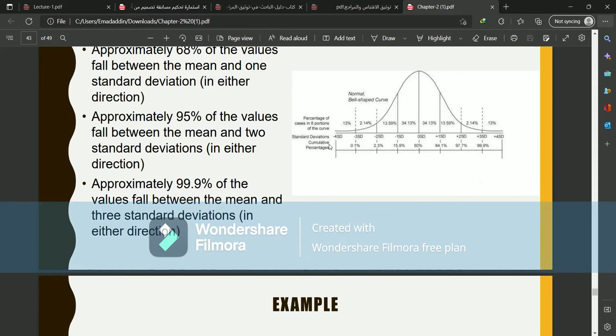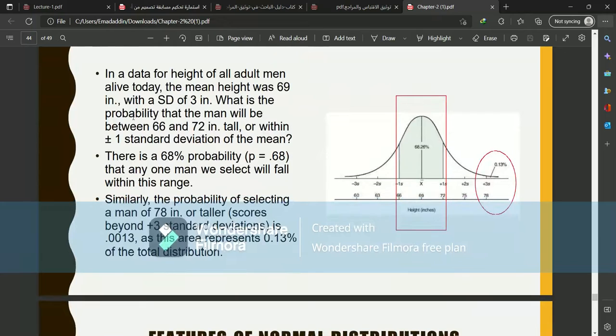cumulative percentage. Example: in a data set for the height of all adult men alive today, the mean height was 69 inches with an SD of 3 inches. What is the probability that a man's height will be between 66 and 72 inches tall, or within plus or minus one standard deviation of the mean?